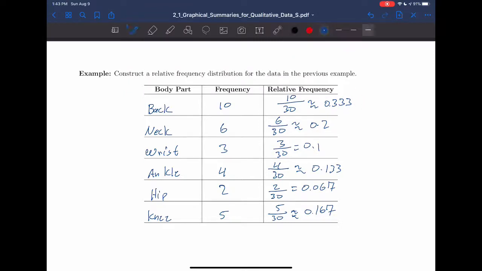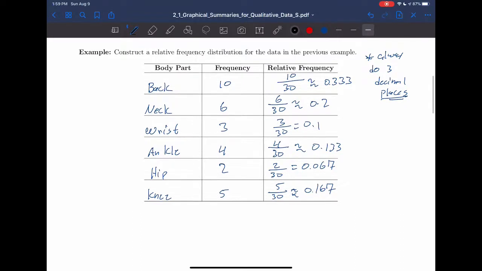Notice that I rounded to 3 decimal places. That's the rule of thumb in statistics: we always round to 3 decimal places if it's not stated otherwise. One way to double-check your answer is that if you take the sum of your relative frequencies, it should be equal to 1.